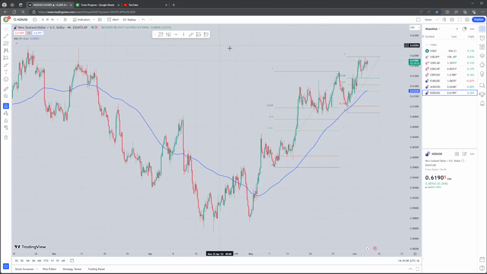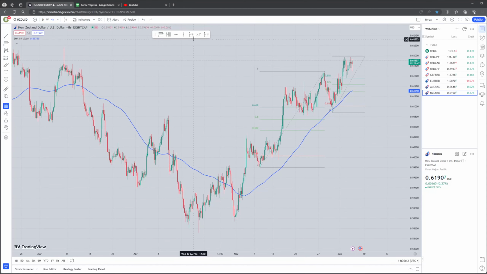And usually when you're dealing with a small leg size like this, it could be a part of a much bigger leg like this, right? So maybe up, retracement, up, retracement, up. It could be like this.